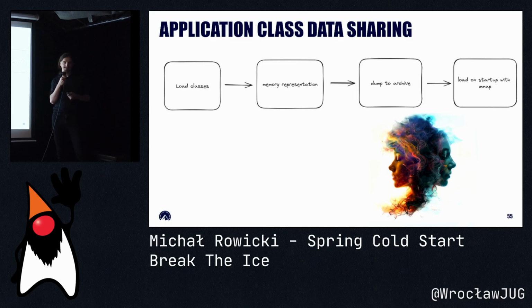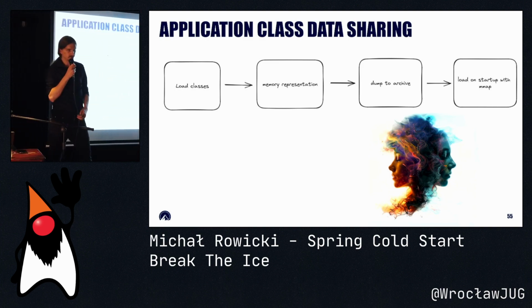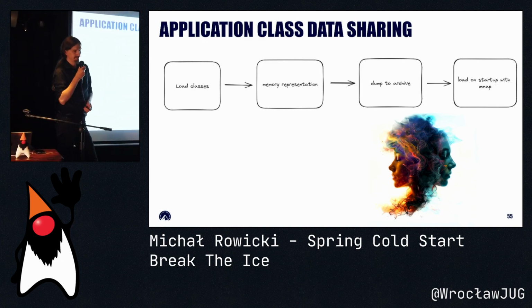In the metadata there are signatures of all methods, signatures of all fields, constant pools, like all the strings which we are defining in our files. There is no point in loading it every time we start our application. We can get it into memory, then dump it to a file, and on the next start, we can reuse this file.